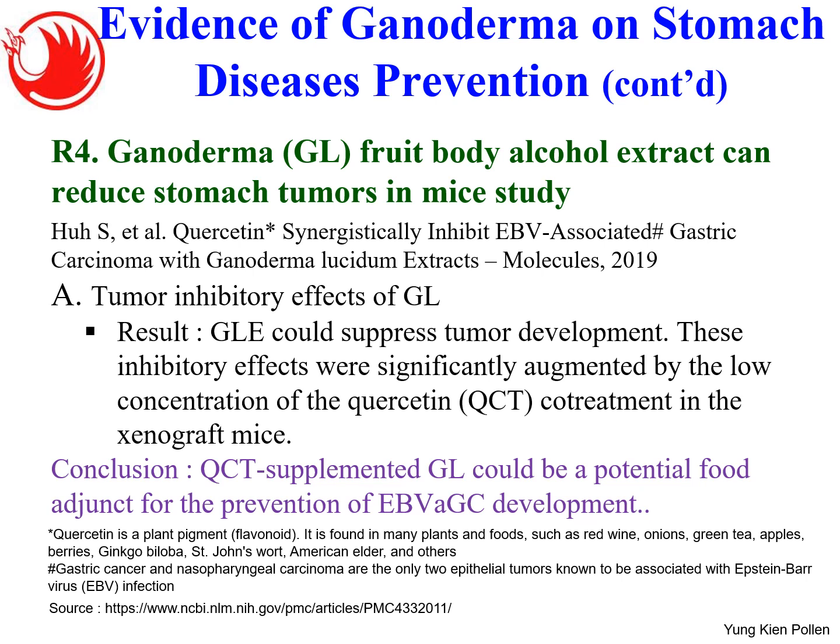QCT is a plant pigment found in many plants and food, such as red wine, onion, green tea, apple, and berries. They found that the QCT-supplemented GL could be a potential food for prevention of the tumor caused by the EBV virus.